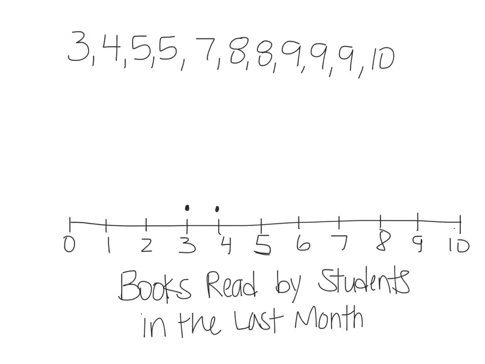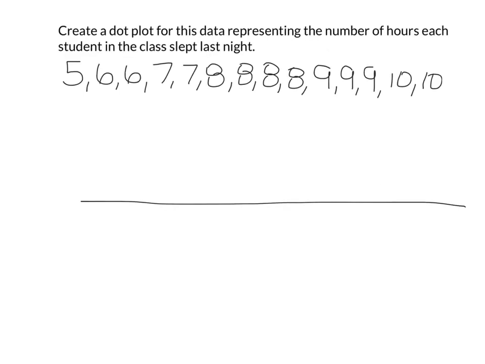I have 2 5s, so I will put 2 dots above the 5. 1 7, so 1 dot above the 7. 2 8s, so 2 dots above the 8. 3 9s, so that means 3 dots above the 9, and then 1 10, so 1 dot above the 10. And that is how you create a dot plot.